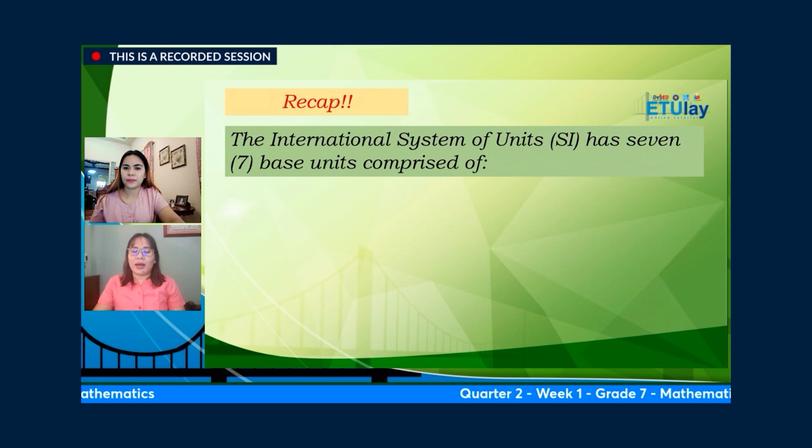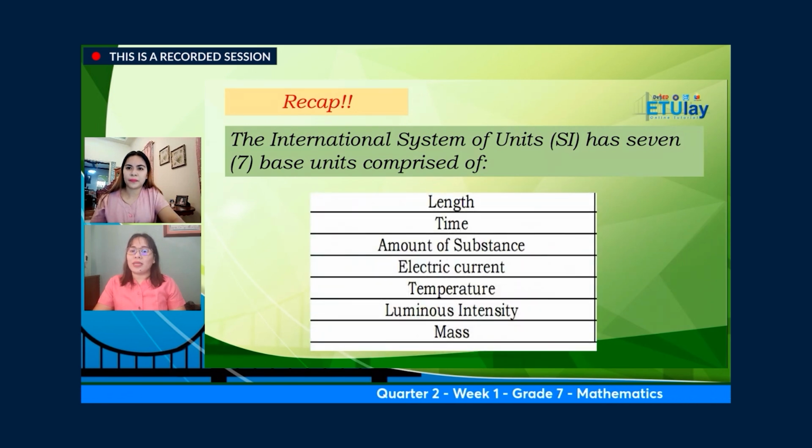Let's have a recap of what we have discussed today. The International System of Units, or SI, has 7 base units comprised of the following: length, time, amount of substance, electric current, temperature, luminous intensity, and mass.